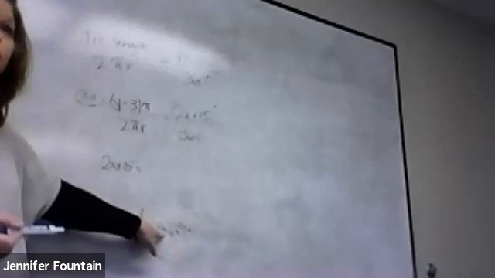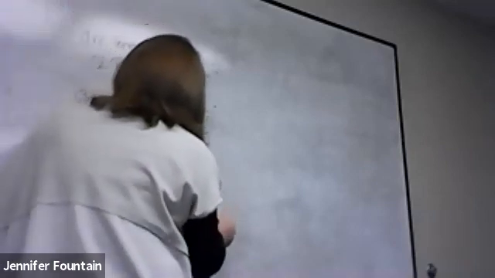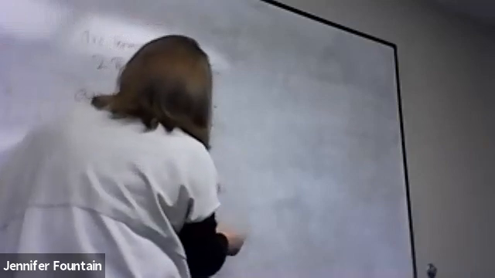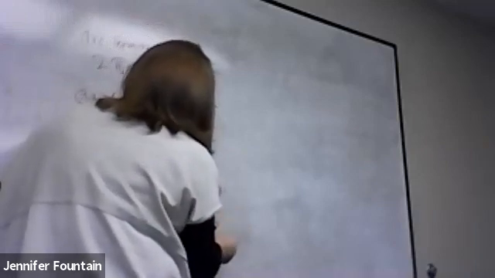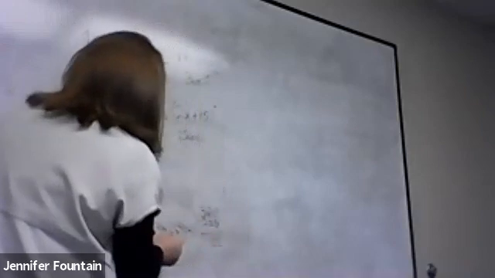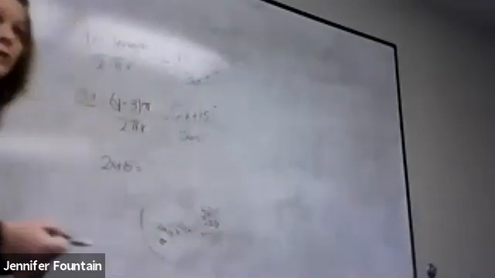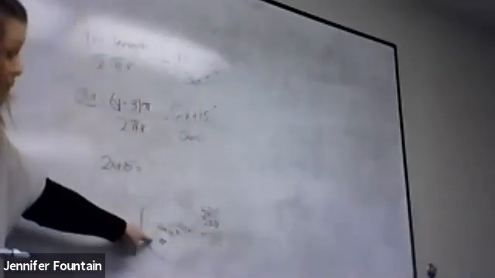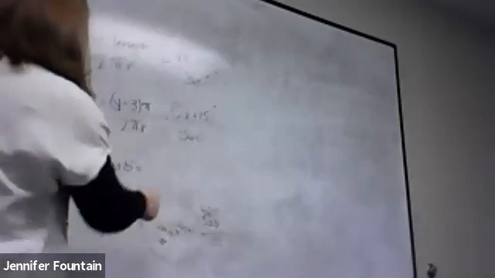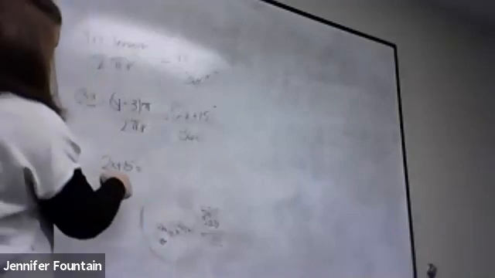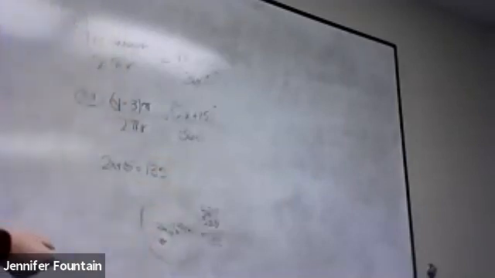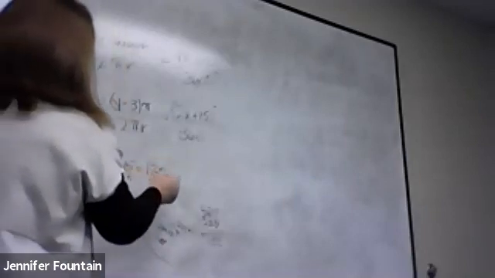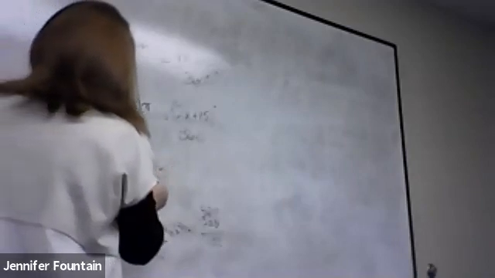So how can I figure out what this measure is? What's 360 minus 225? 135 degrees. So if I know that 2x plus 15 is equal to 135 and I need to solve for x, I subtract 15, so 2x is equal to 120.